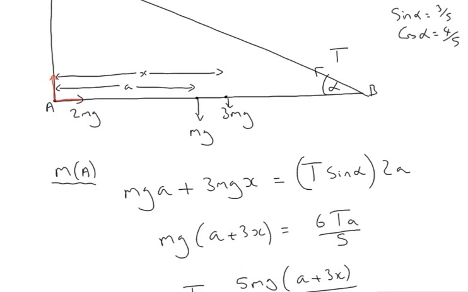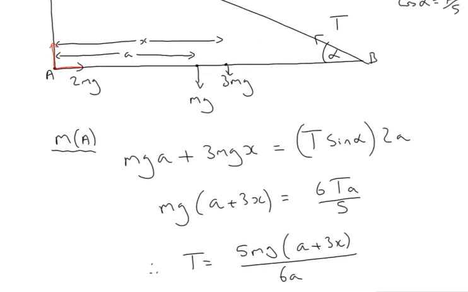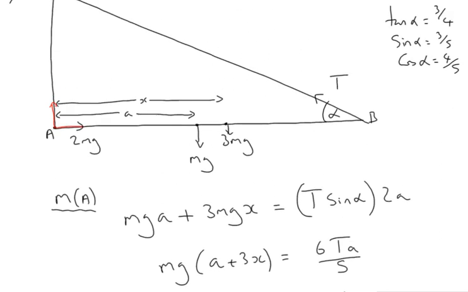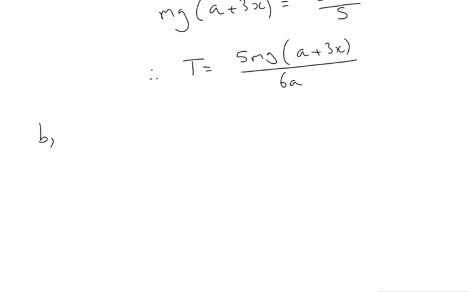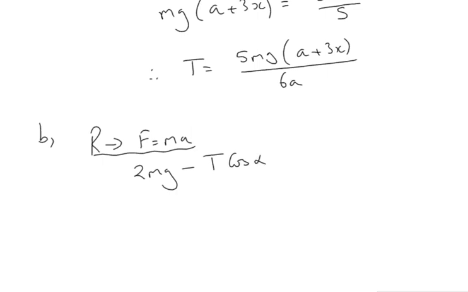Of course, the whole thing is in equilibrium, so the 2mg force is exactly balanced by the horizontal component of the tension, which means that if I resolve to the right using F equals ma, then I get 2mg minus T cos alpha must be 0.